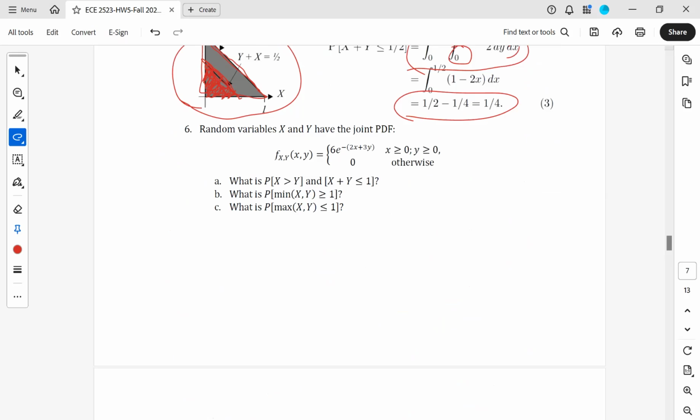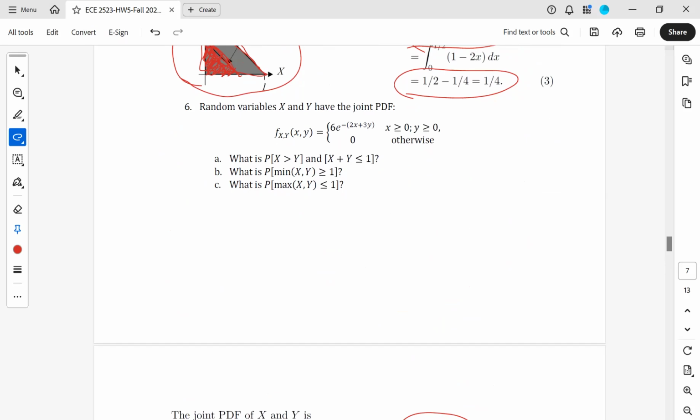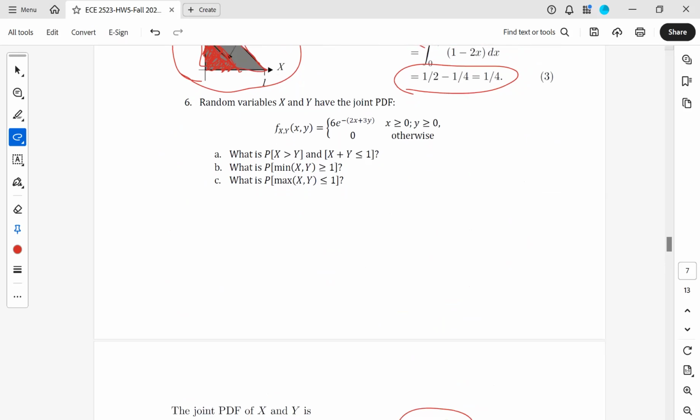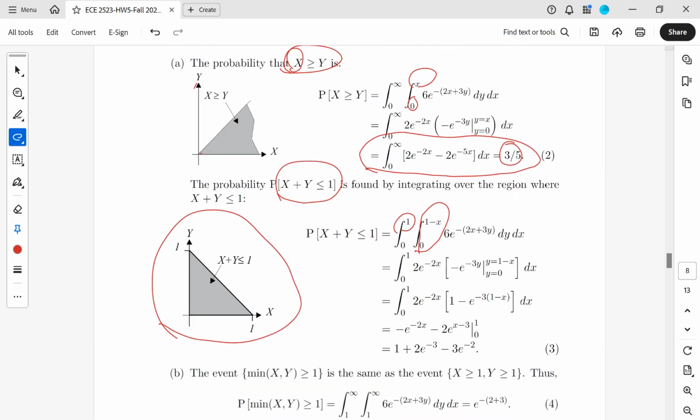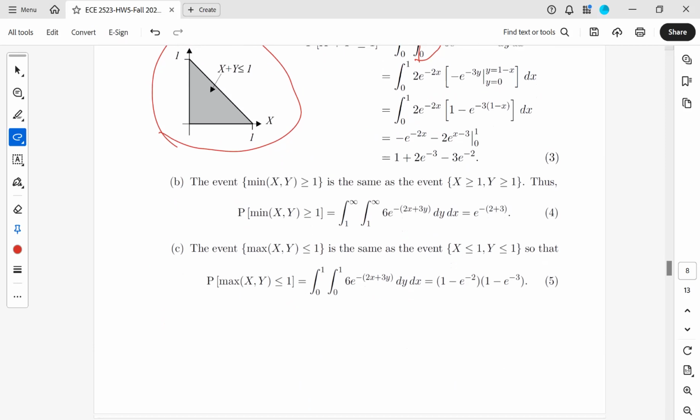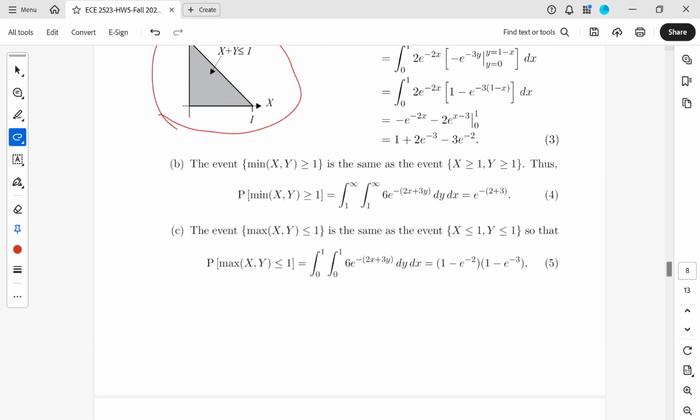Any question? No? The next one asks for the minimum of x and y. The event now says that the minimum of x and y is higher than 1. A little bit more challenging. When the event says the minimum of x and y is more than 1, that means both of them are higher than 1.